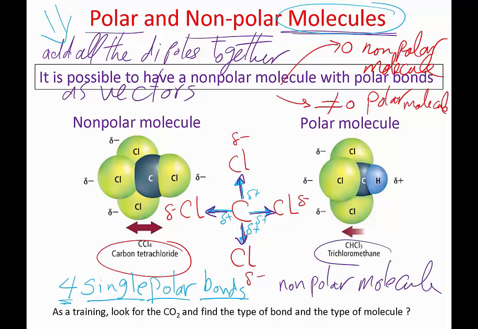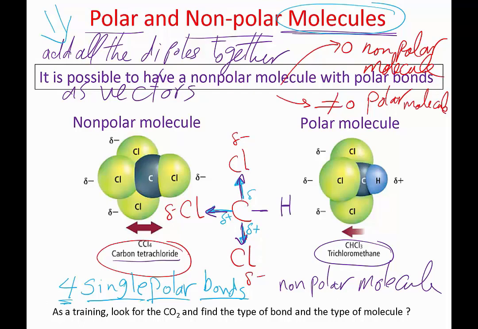Trichloromethane. The trichloromethane is similar to the carbon tetrachloride. You don't need to remember the names. But one of the bonds is replaced by a hydrogen. So we have 3 chlorines and 1 hydrogen.